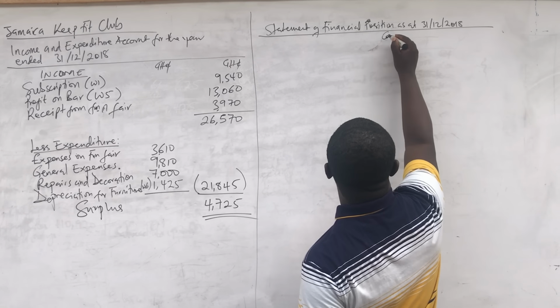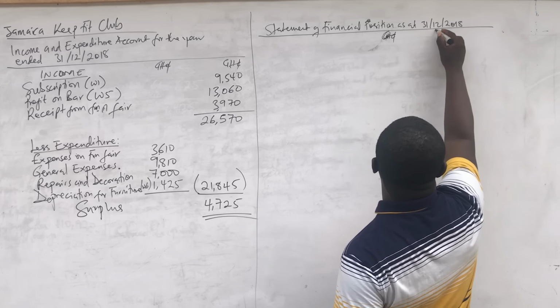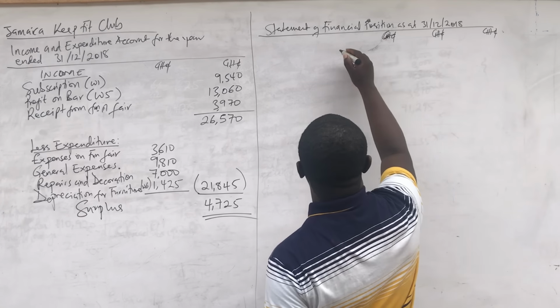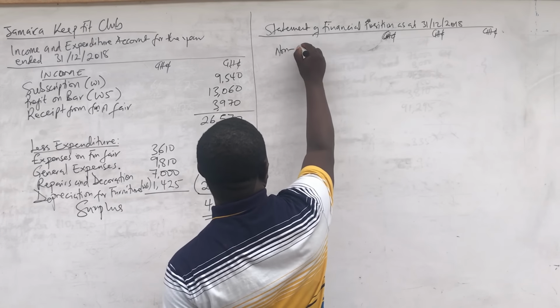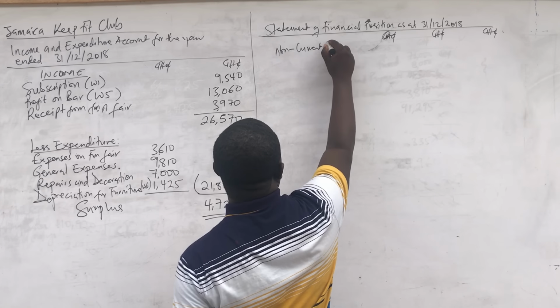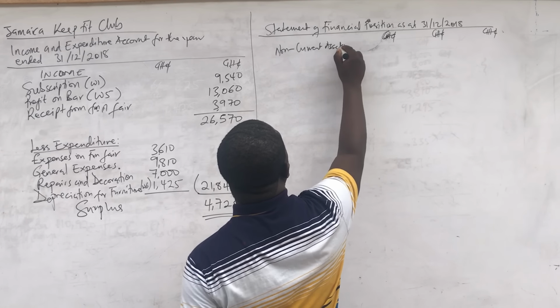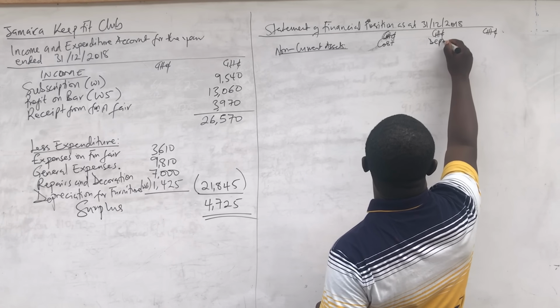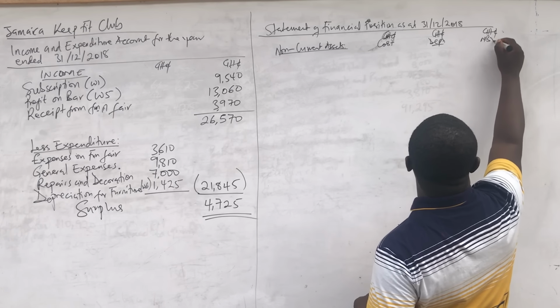So I will show my three currency signs, and then I will start with the non-current assets. So I provide for cost, depreciation, and net book value.